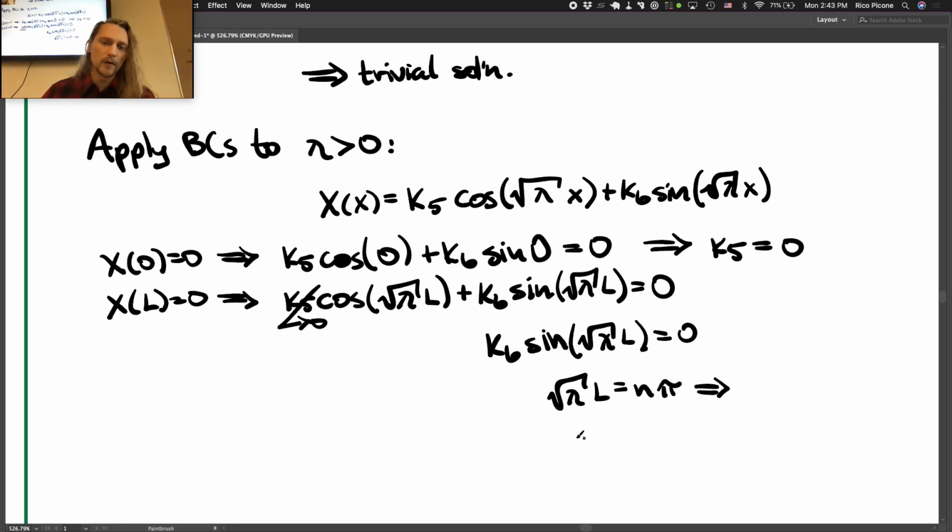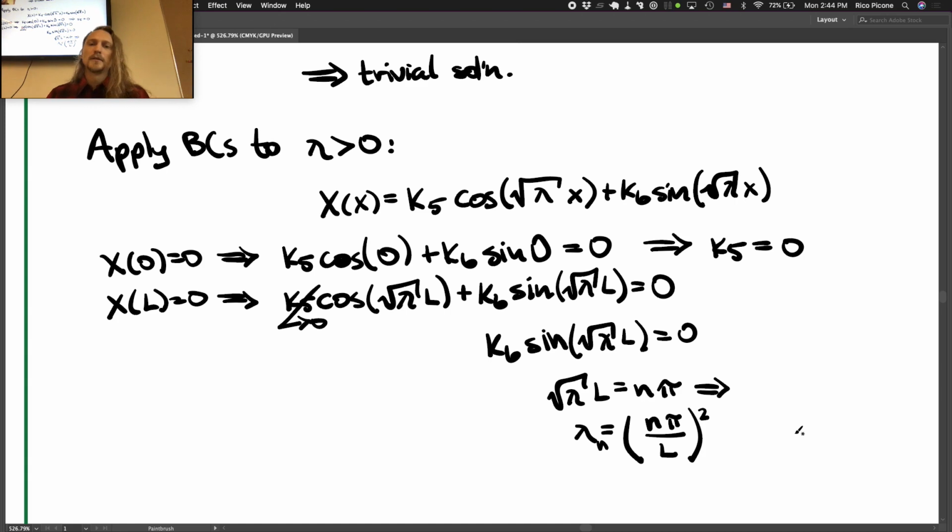Corresponding then for lambda, we get that lambda is equal to n pi over L squared. Sometimes we'll call this lambda sub n for the nth one. Okay?